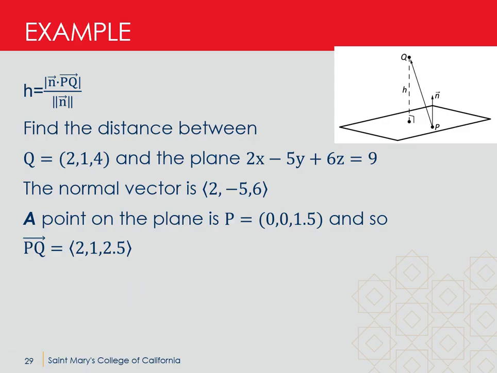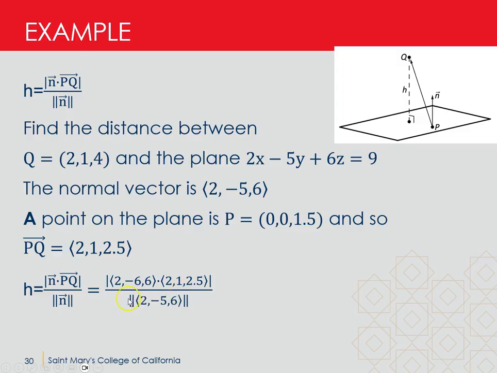And again, once we've got those two things, there's nothing particularly hard about this. We take the dot product of N and PQ. So our normal vector is 2, oh, I have a typo there. There should be 2, negative 5, 6. And the PQ is 2, 1, 2.5. And then we take the magnitude of the 2, negative 5, 6. And really we just plug all that into the formulas and the things we've seen.